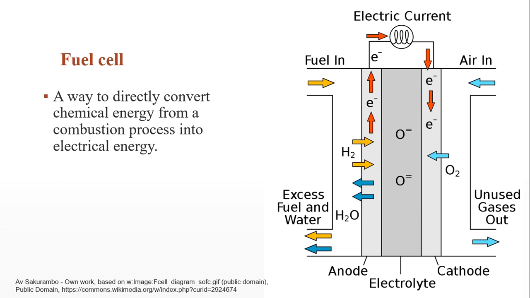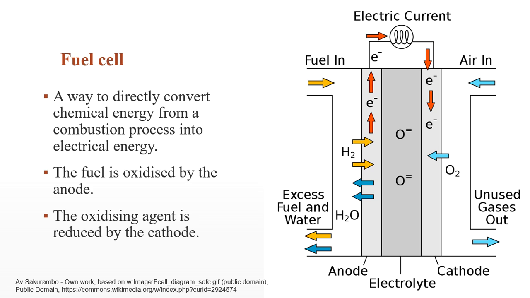All right, and then very quickly, the fuel cell. We're not going to go into the details here, but you can build a well thought through construction like this, where you can directly convert chemical energy from a combustion process into electrical energy. The fuel will be oxidized by the anode, and the oxidizing agent will be reduced by the cathode.